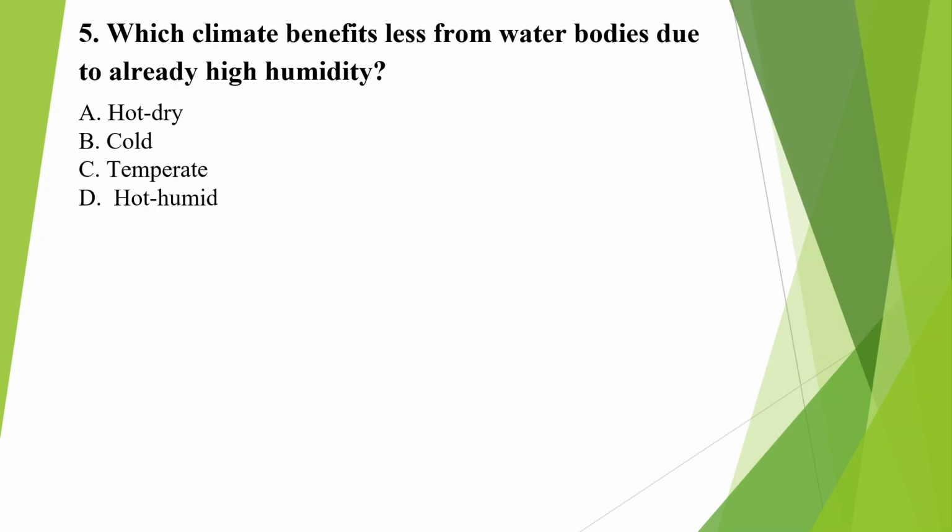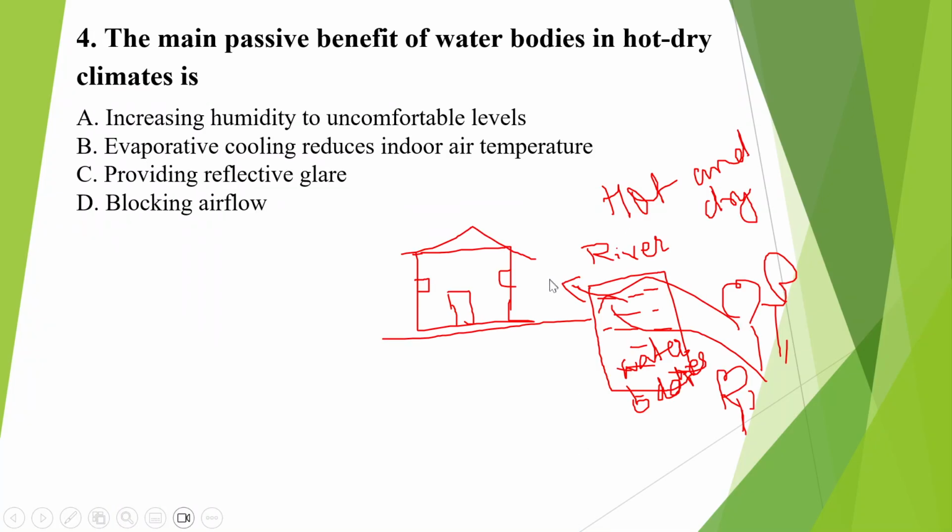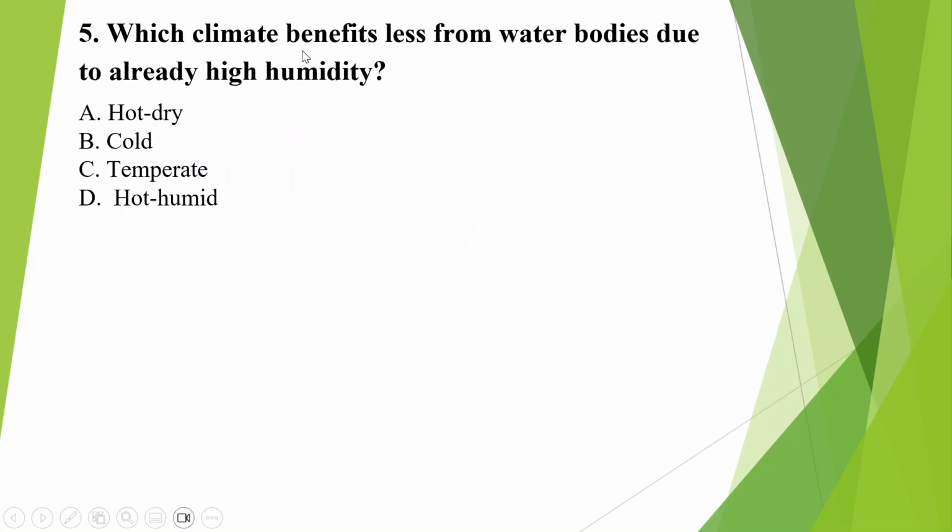So in the previous question, you can see it was a hot and dry climate zone, and in hot and dry climate zone, these water bodies were creating one passive benefit for the occupants. But it is asking the second question based on the previous discussion or diagram that I have shown. You can answer like, which climate benefits less from water bodies due to already high humidity.